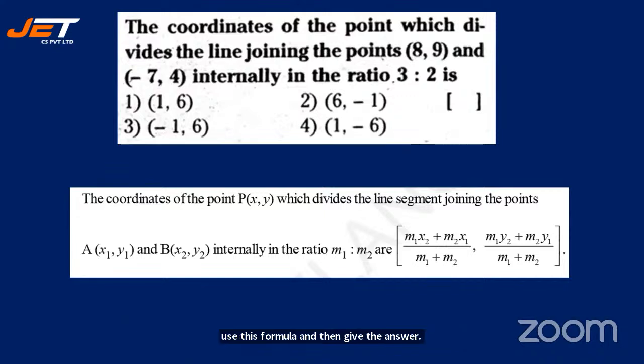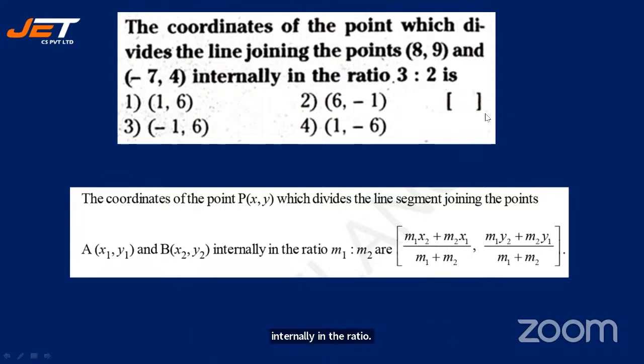The coordinates of the point which divides the line joining the points (8, 9) and (minus 7, 4) internally in the ratio. Okay, right.